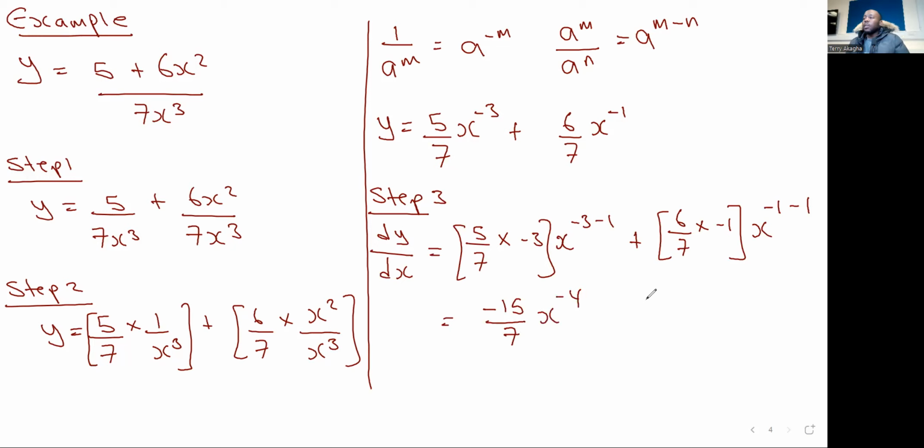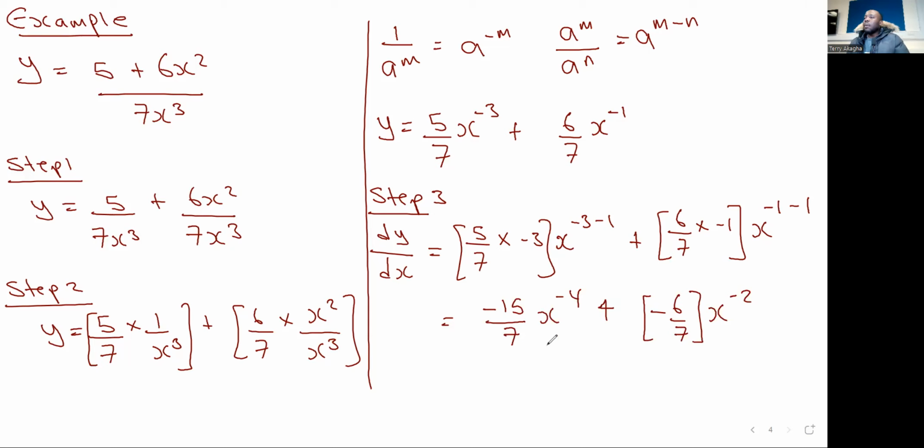Are you seeing it? Then minus 6, because 6 over 7 times minus 1 will give you minus 6 over 7. Or, to make it easier for you, you can put it this way. You can say plus, in brackets, minus 6 over 7, if that will make you happy, and minus 2.